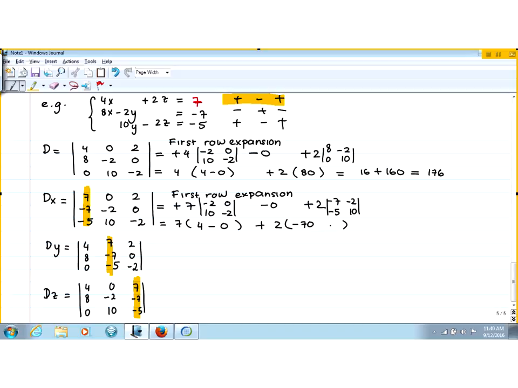Negative 70 minus. So plus 10 then, right? Okay. All right. So what is this? 7 times 4? Oh, it should be negative 10? Yeah. So minus 10. Yes, you're right.